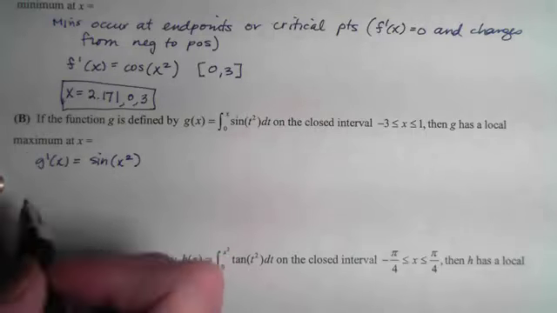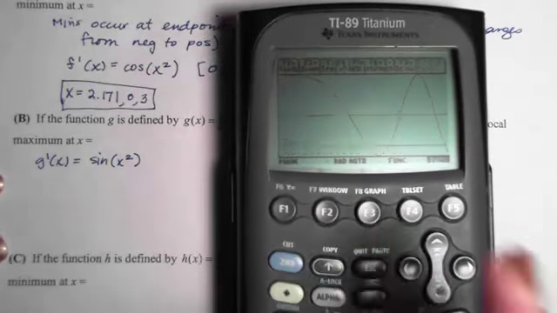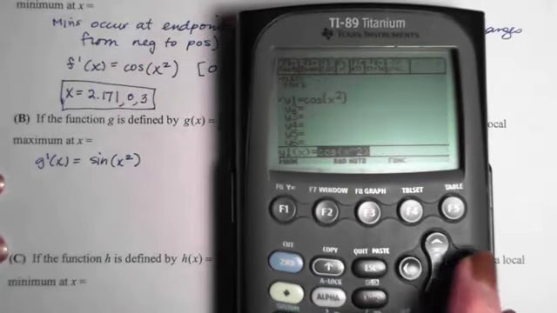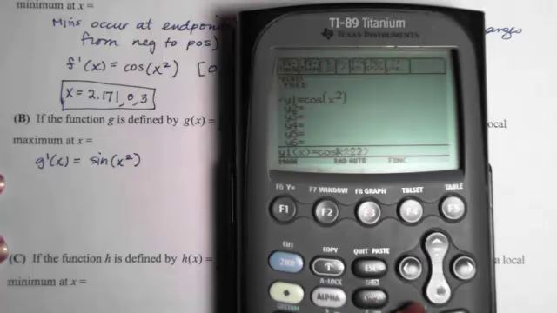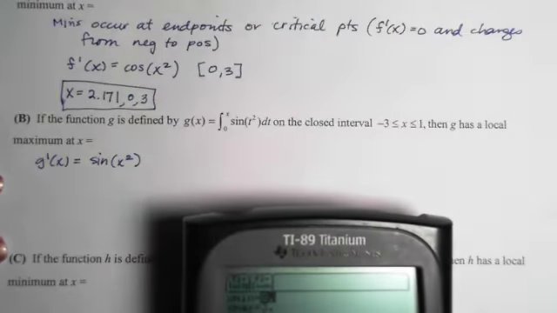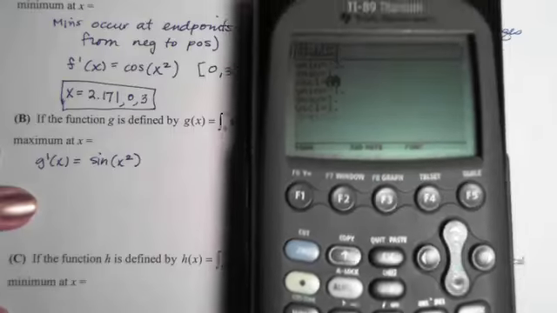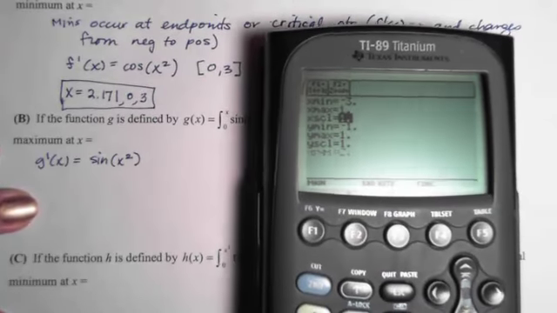Again, we will go to our calculator, and instead of cosine of x squared, we're going to have sine of x squared. Our window in this case is going to be from -3 to 1. Sines and cosines both have the same range, so we're not going to change our y values.